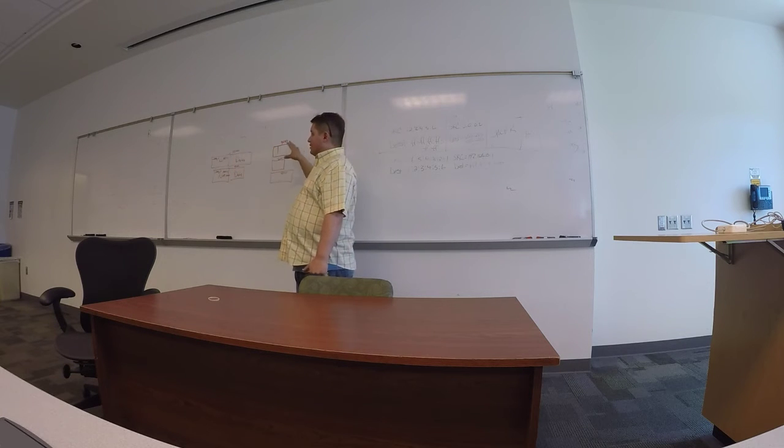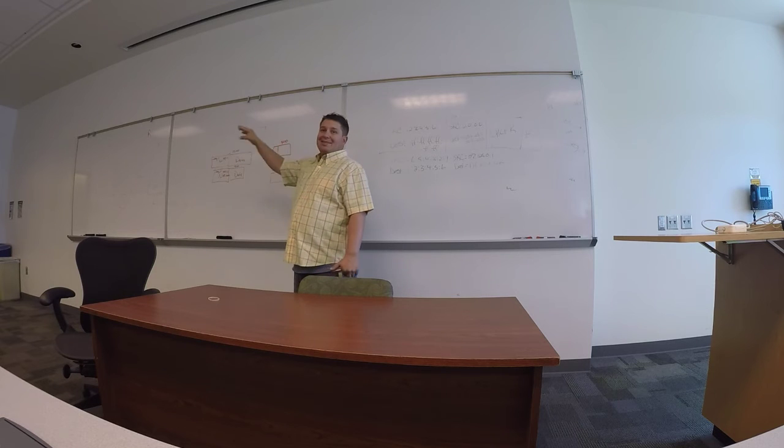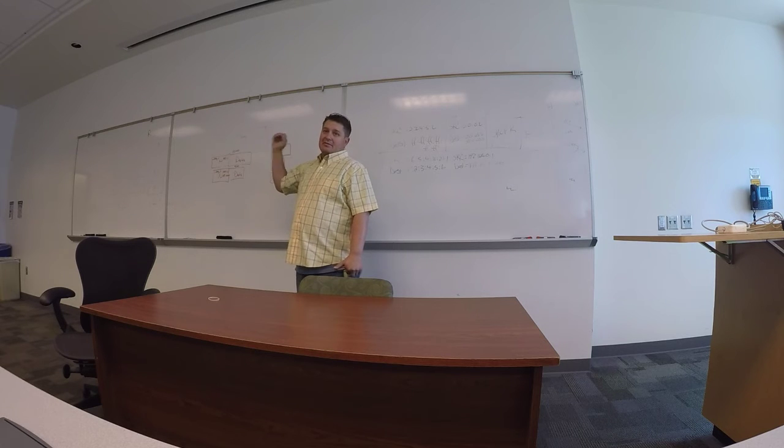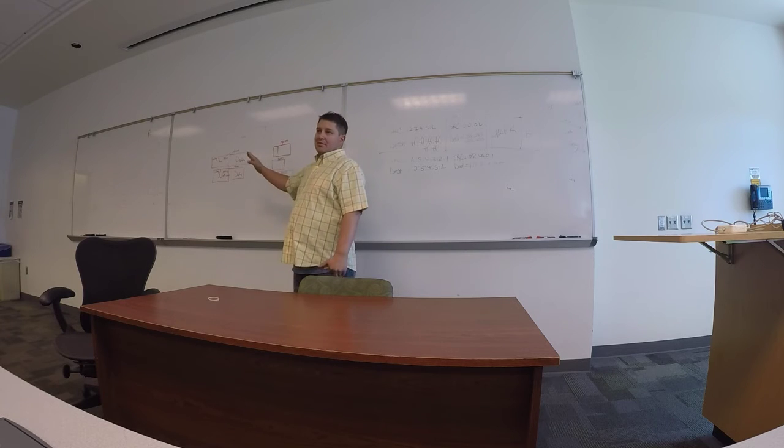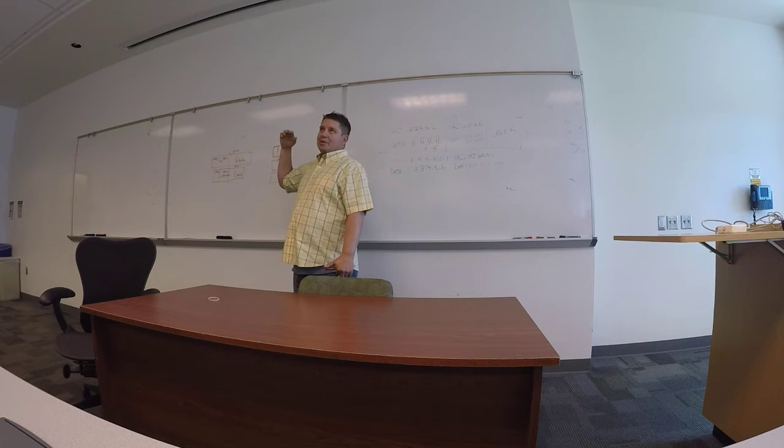The host has 0 idea that it got fragmented. It is still sending 2.3K packets. So we've increased the probability of loss, and we've lost some bandwidth utilization at the end of the network, presumably where people really care.